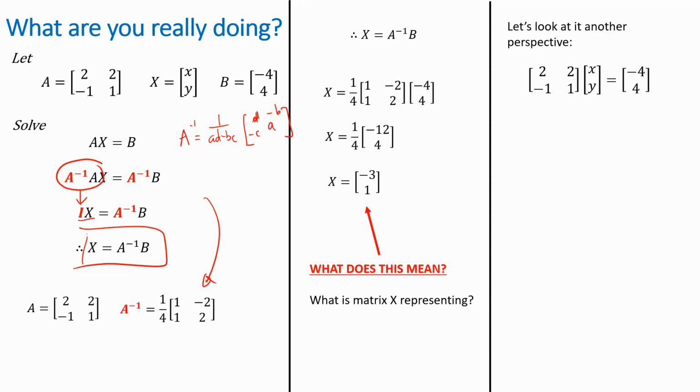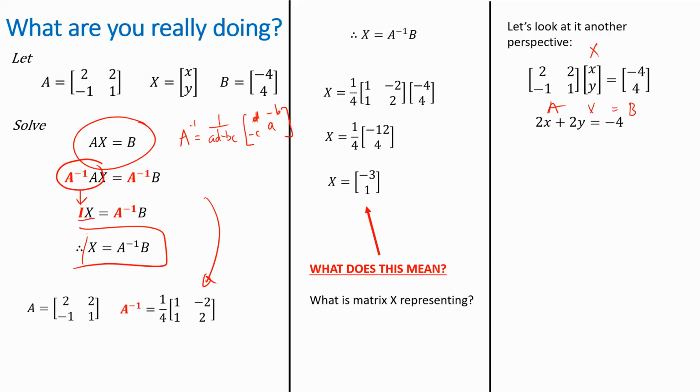So what I try to show here is when you write, this is matrix A and this is matrix X, we call it XY, equals matrix B, which is this line over here. If you multiply the matrix out, have a look at what's happening.